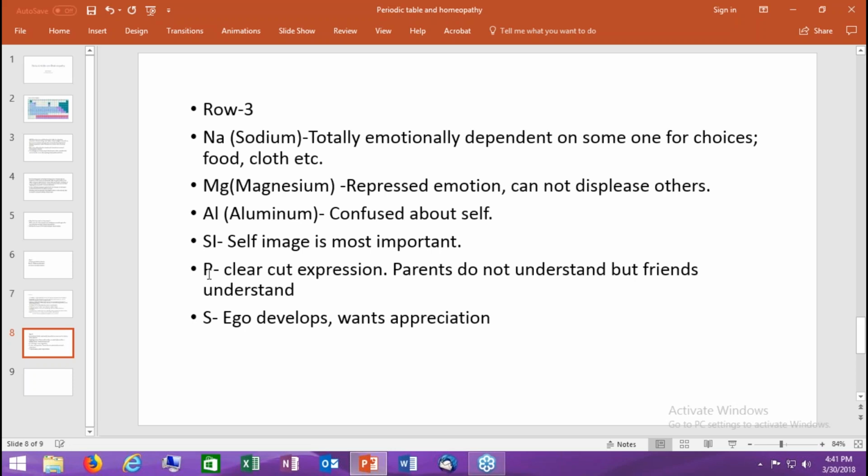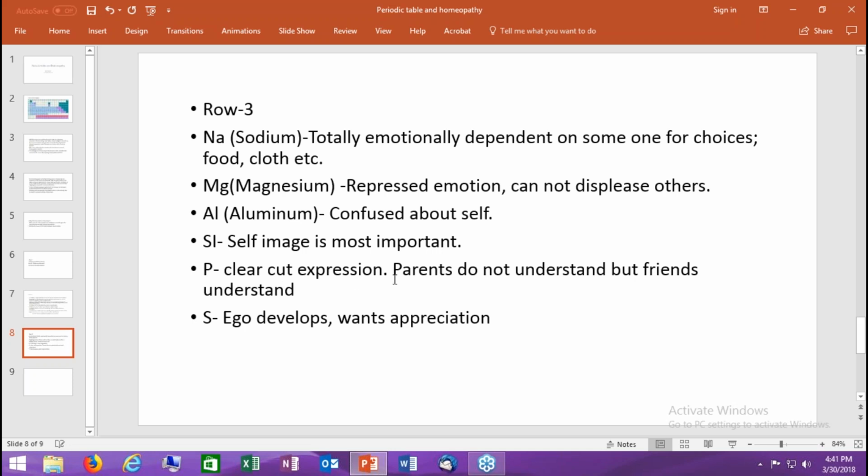Quite different from the next element, phosphorus. Phosphorus, here the choices are very clear. The child expresses his own choices. I want to wear this color dress. I want to go to that mall. I want to eat that food. I have to go this way.